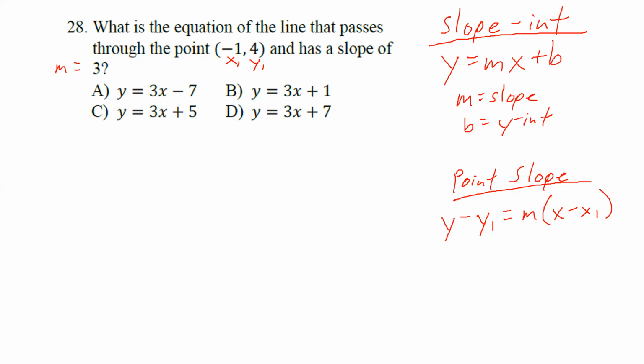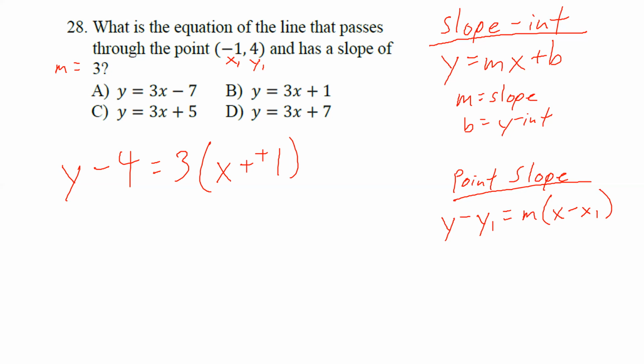So we rewrite the equation: y minus 4 equals 3 times (x minus, and the x we have up here is -1). But we already had a negative in front of it, so if we plug in -1, it really becomes plus a positive. The sign's going to change.